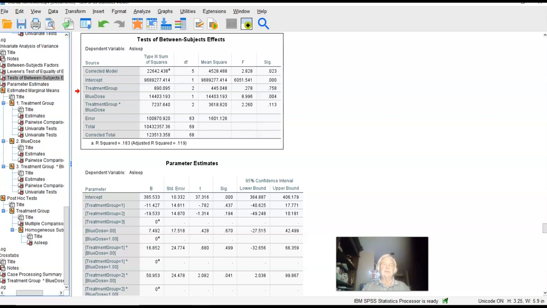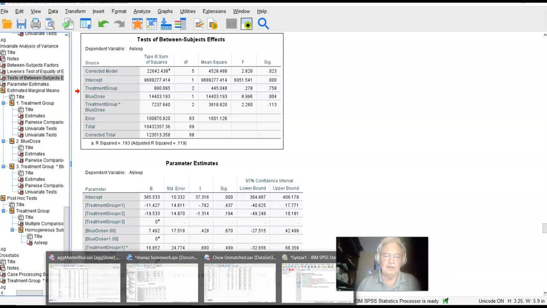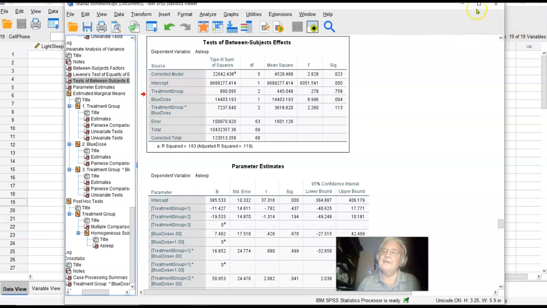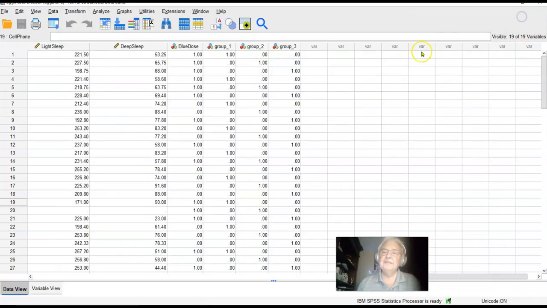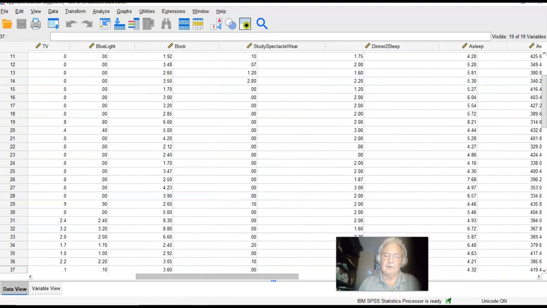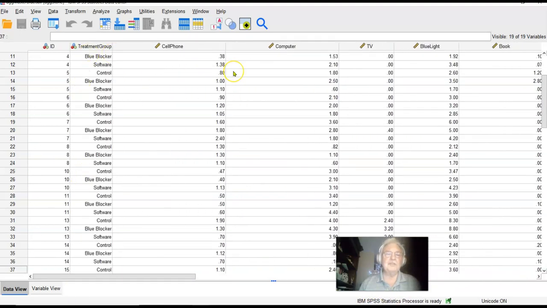Now let's look at repeated measures. This one, well, I suppose we can stay in the same thing here. Okay, all along we have been treating treatment group as though we had 3 separate groups of 23 people each.